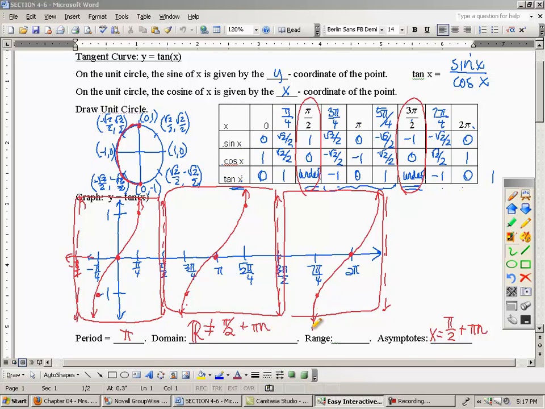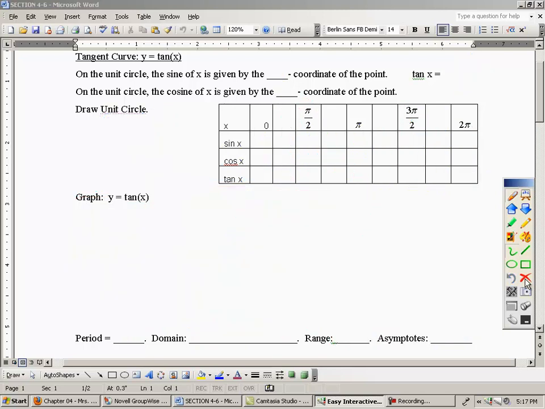My range, you'll see these arrows go down and all the way up. That means from negative infinity to infinity, or all reals. And so this is the idea of graphing a tangent. Now cotangent, we're going to do pretty much the same thing. So let's scroll down to cotangent.